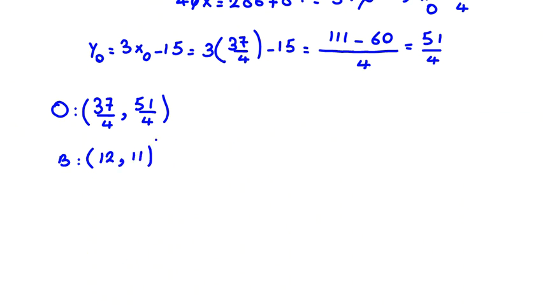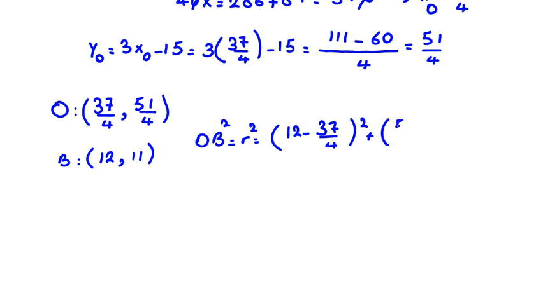And now, if you want to find the radius, OB, or radius, is equal to the distance between these two points. So let's consider r squared first. Again, we use the distance: 12 minus 37 over 4, squared, plus 51 over 4 minus 11, squared.